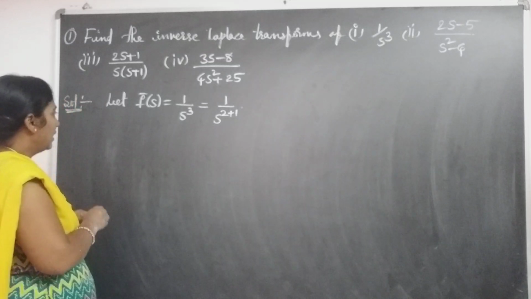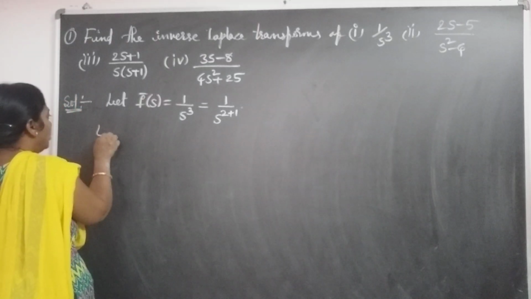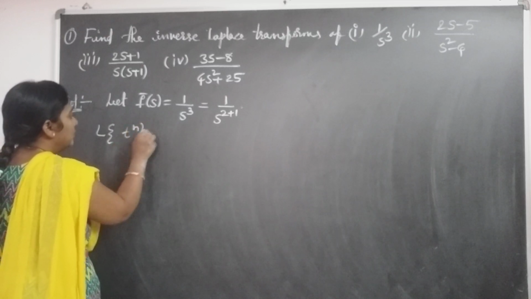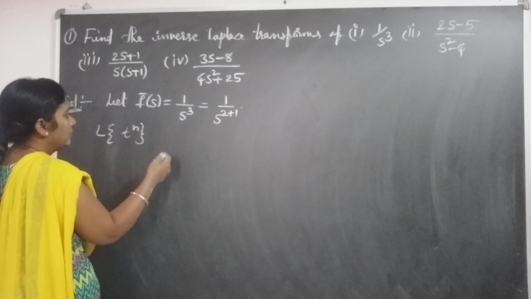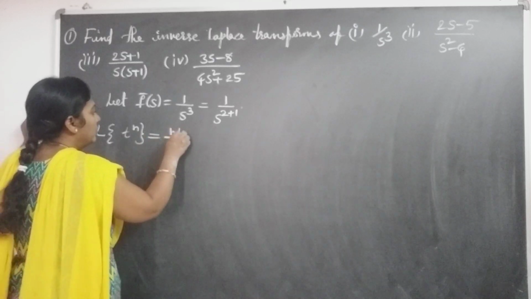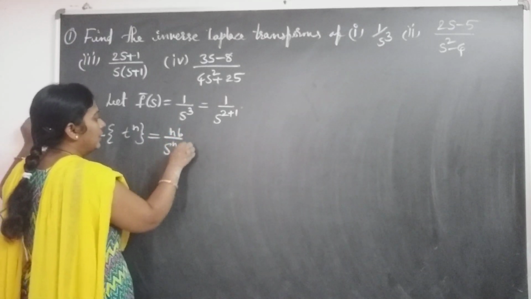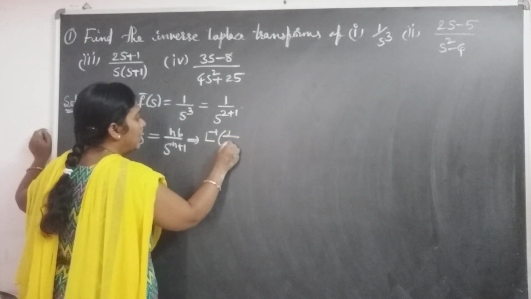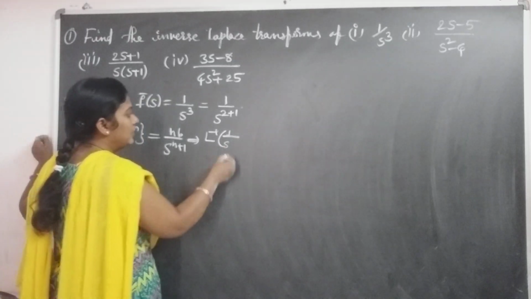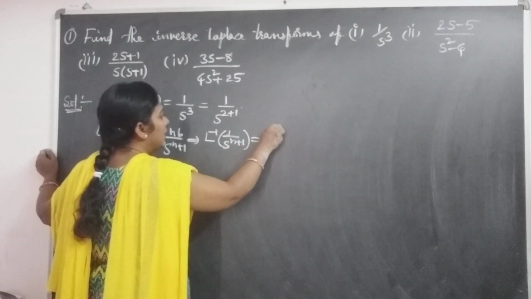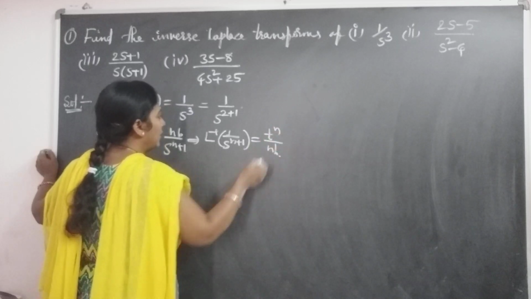We know that the Laplace transform of t power n is equal to n factorial by s power n plus 1, and from this, L inverse of 1 by s power n plus 1 is equal to t power n by n factorial.